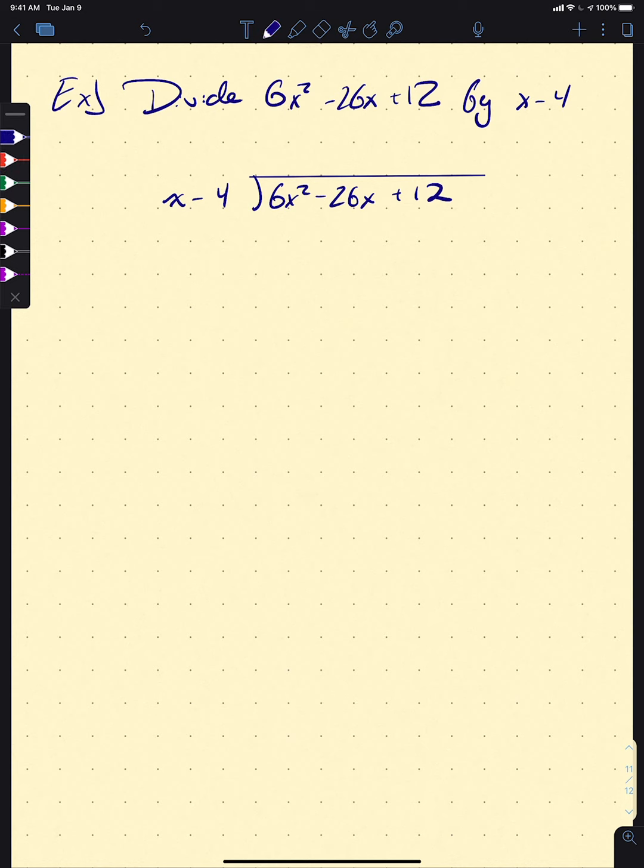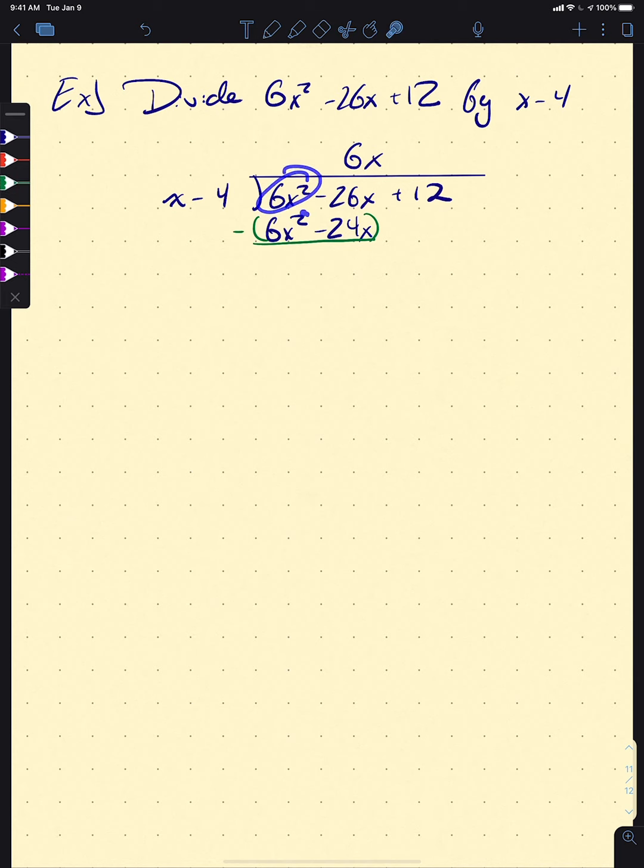Well, it would seem to me like you should multiply that by 6x, because that is the missing factor, right? So now 6x times x minus 4 is 6x squared minus 24x, okay? And then we're going to subtract these, right?